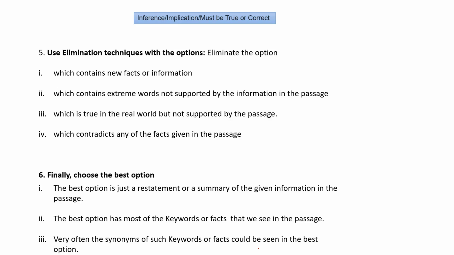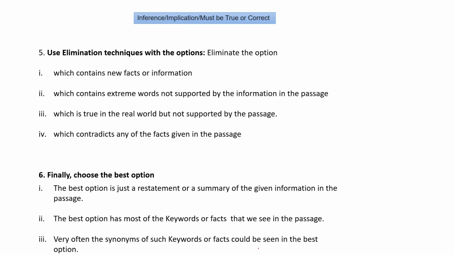That means 50% of the job is done. Now you will be left with two more options. And the choice technique that I'm going to explain finally will help you choose the best one of the remaining 2, right? Now first let us look at the elimination technique, right?